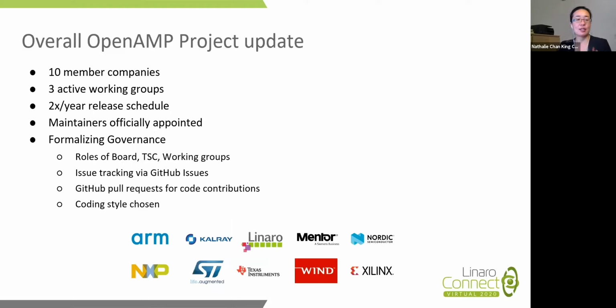And then in terms of the update for the overall project, we now have 10 member companies. The company logos are listed below in alphabetical order. We have 3 active working groups. The release schedule had fallen off twice a year for some time, and so now it is back to a twice-a-year release schedule. We've got maintainers officially appointed, so that's Ed and Arno.